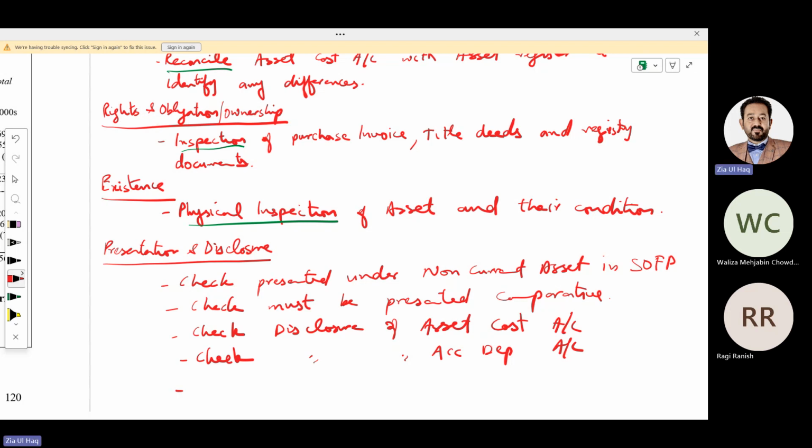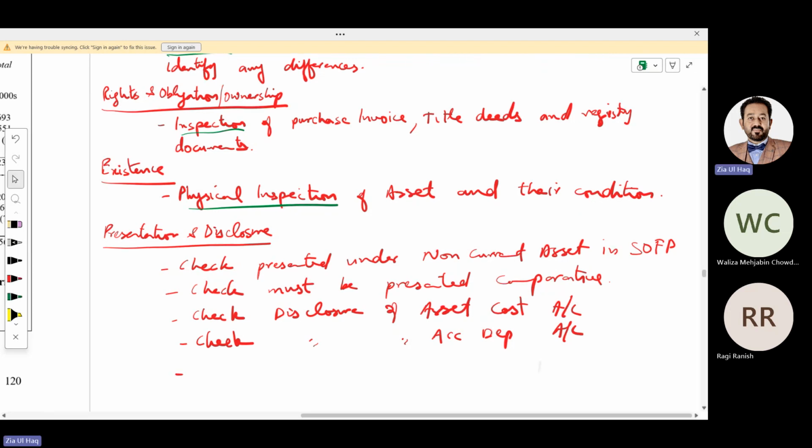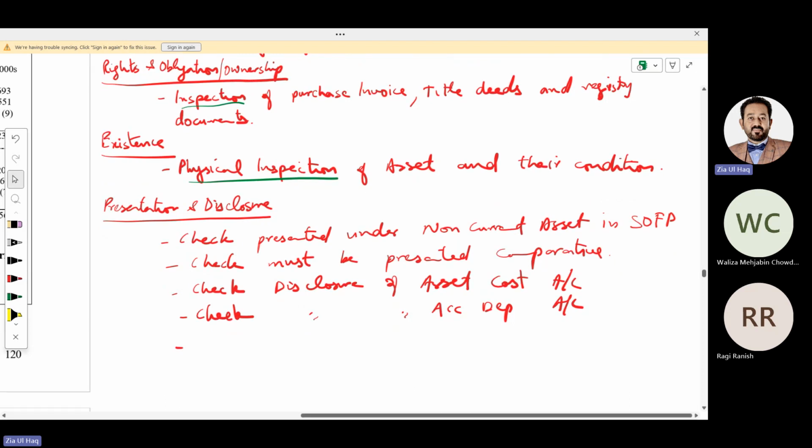Regarding disclosure, if the company is selling any non-current assets, this is a non-routine transaction. And if the company has any significant gain or loss on a non-routine transaction, that should be disclosed separately in the financial statements.